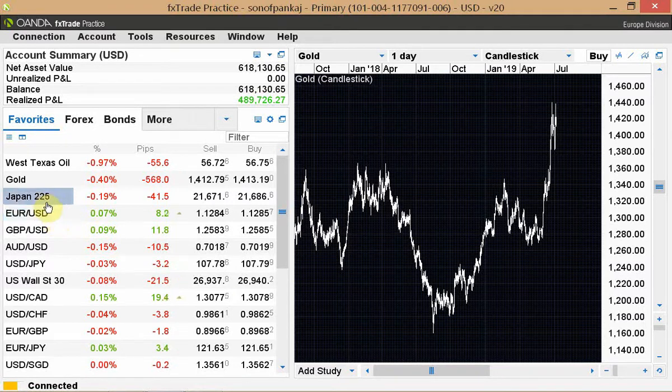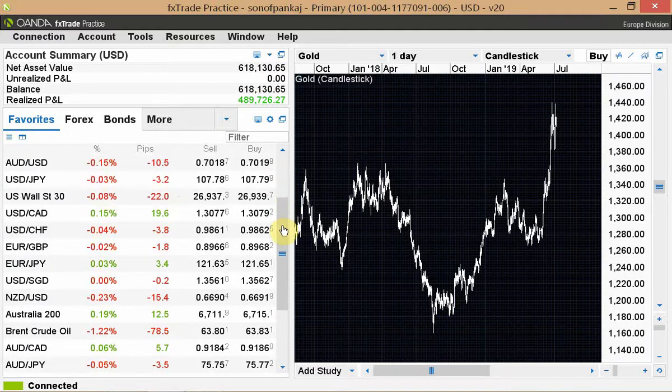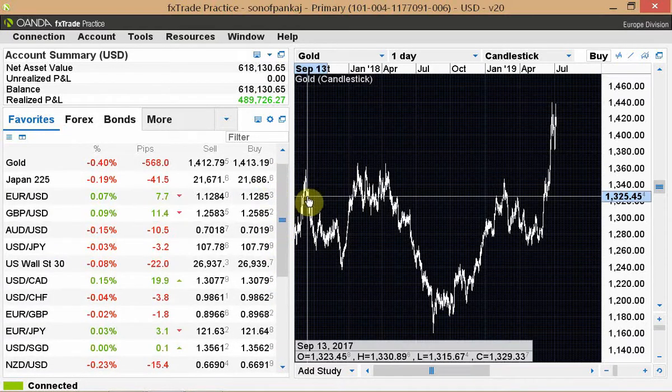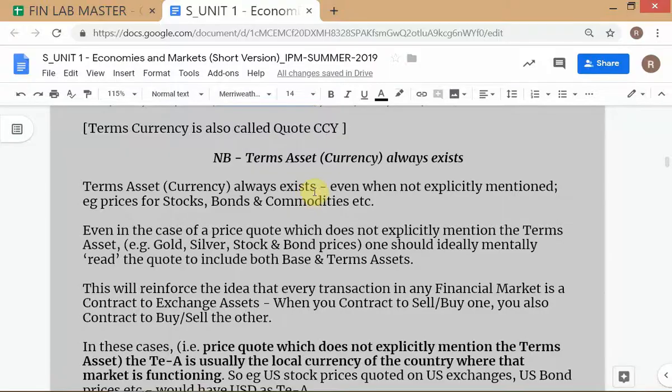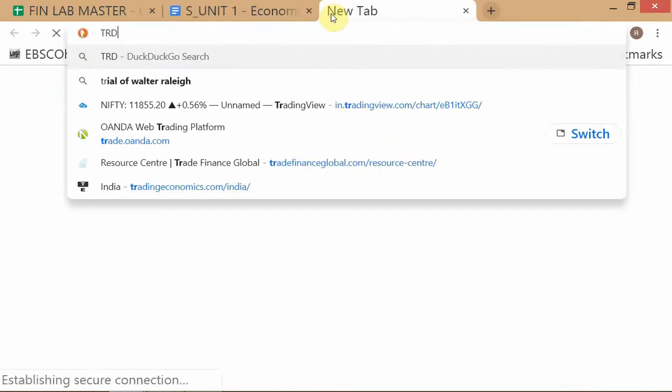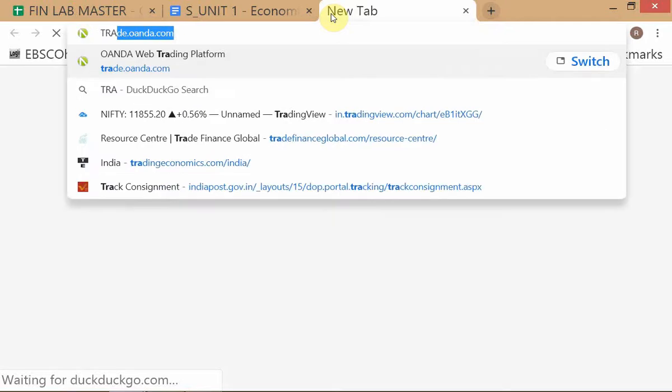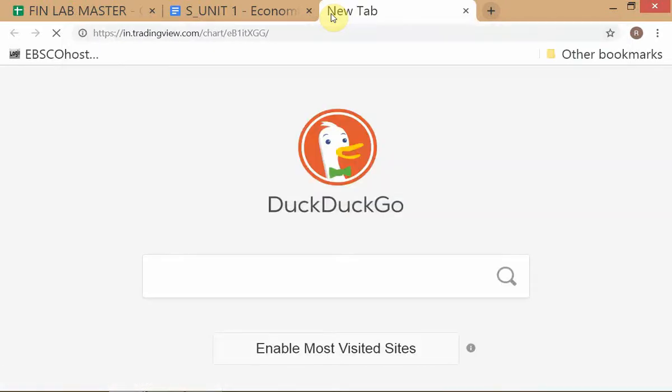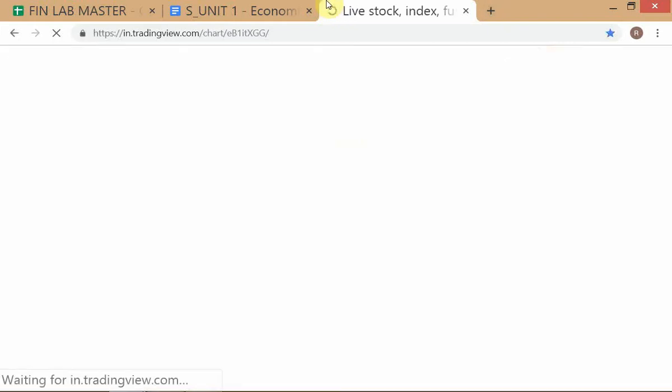Suppose I've shown you something like Japan 225, which is a Japanese equity index, or let's say a stock price.